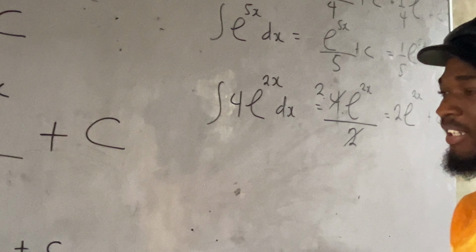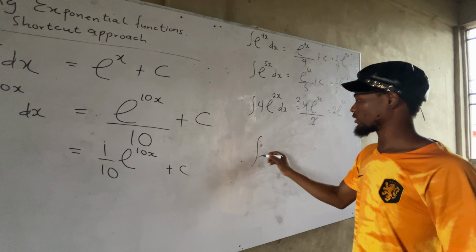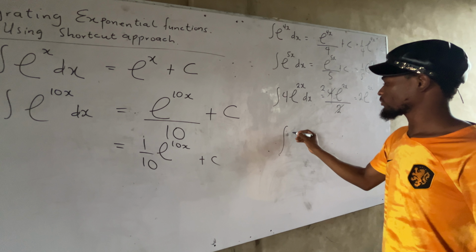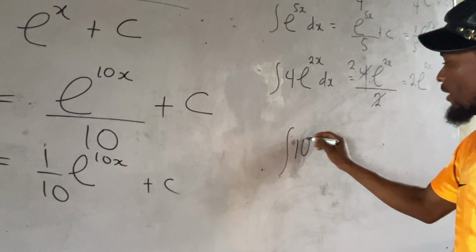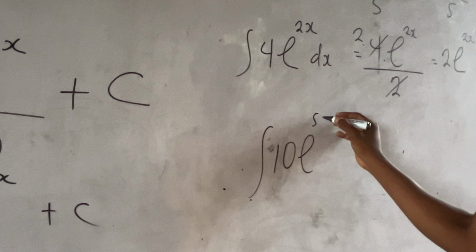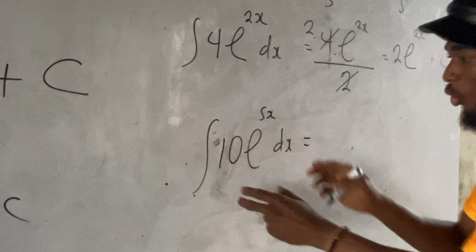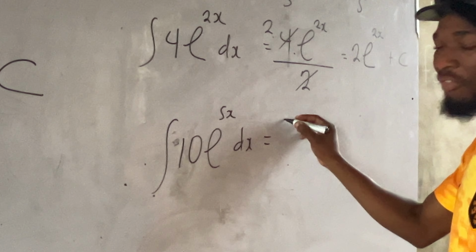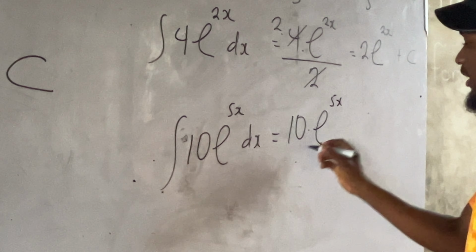Now the last example to end this tutorial, let's say you have 10 exponential 5x dx. You copy and paste, so you just repeat the same thing. You have 10 multiplying exponential 5x, then all over.